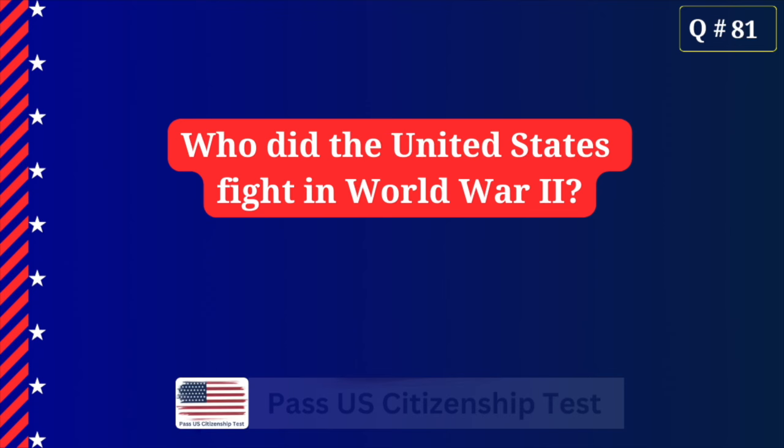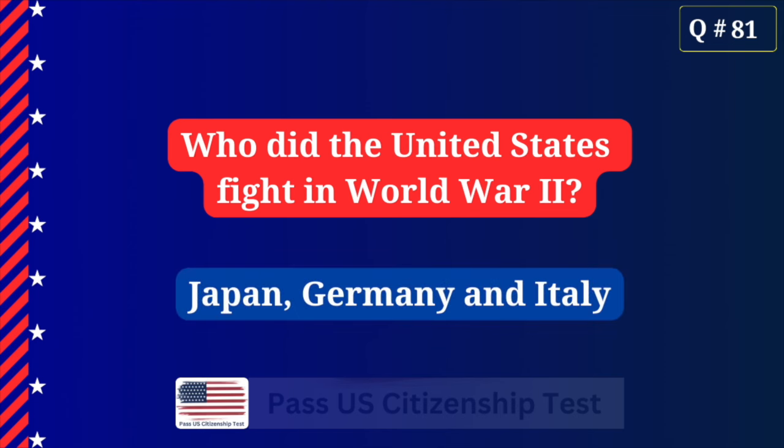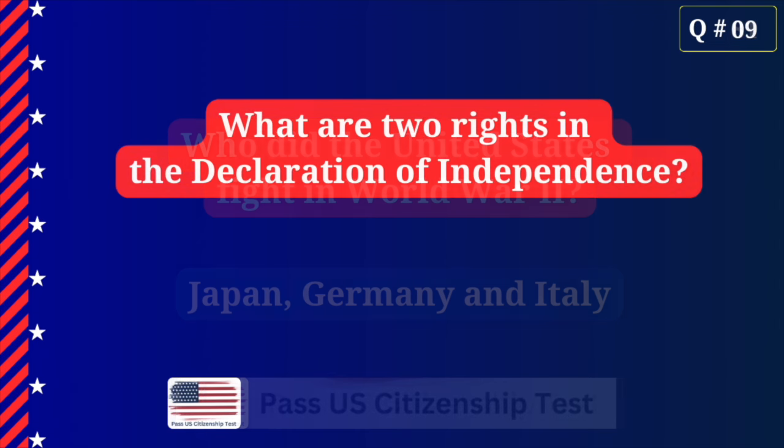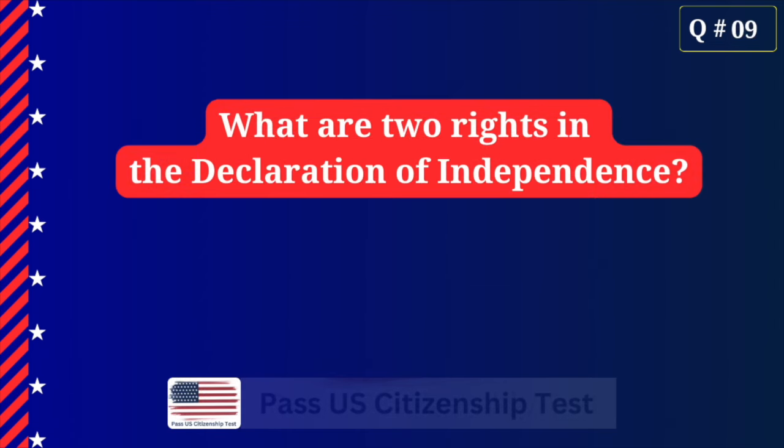Who did the United States fight in World War II? Japan, Germany, and Italy. What are two rights in the Declaration of Independence?